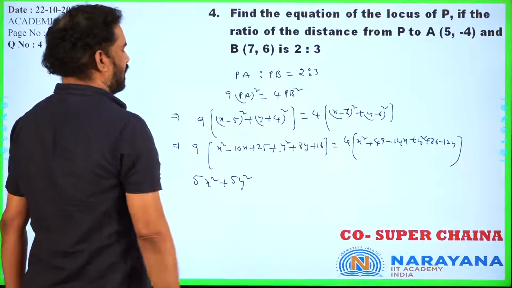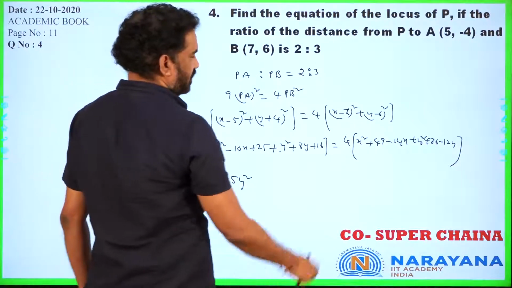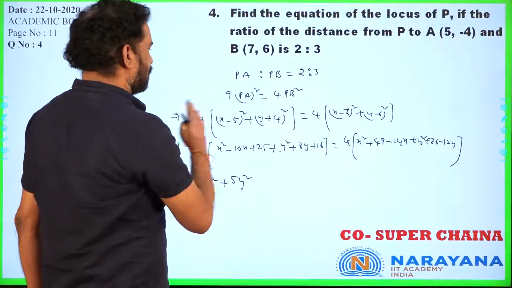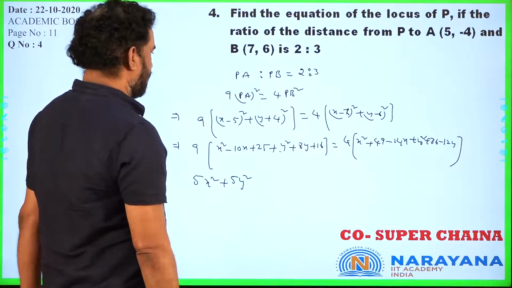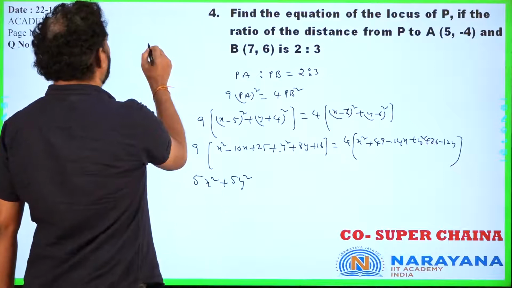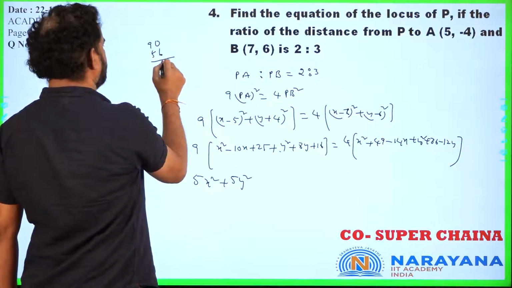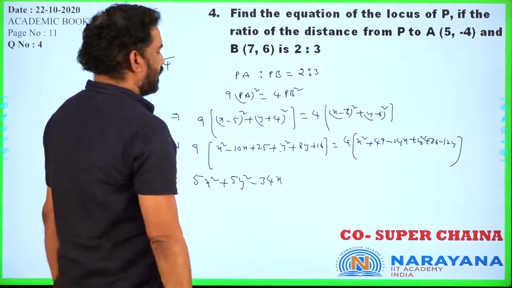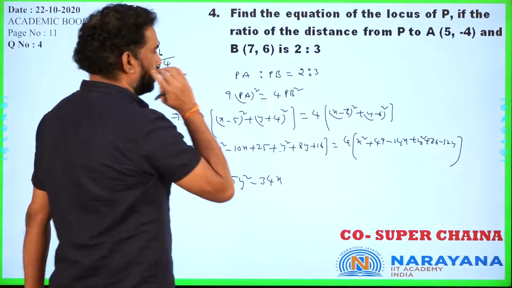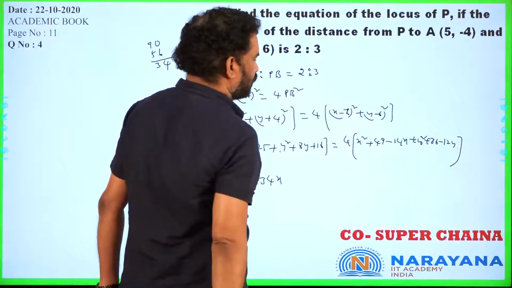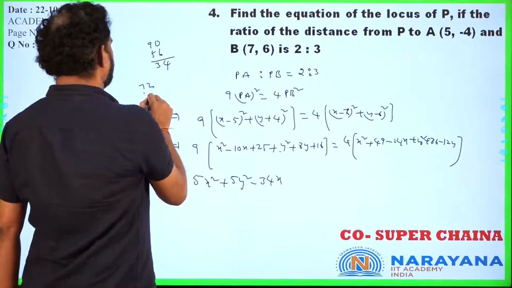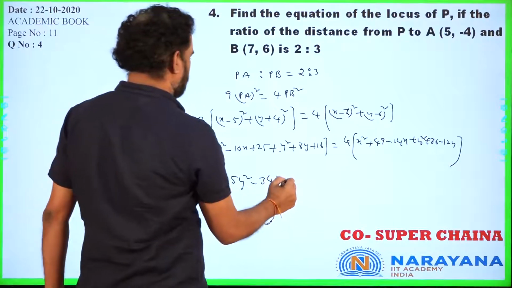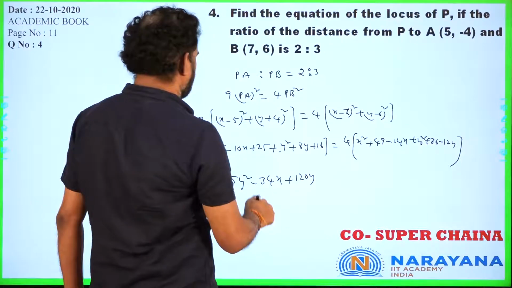This is 9 into minus 10, minus 90x, and minus 4 into minus 14, minus 56x, which comes to plus. Minus 90 plus 56 is minus 34x. Next, 9 8 is 72y, then minus 48, 72 plus 48 is 120, so plus 120y.